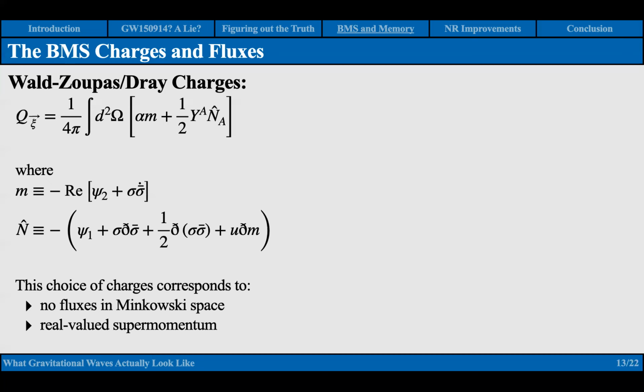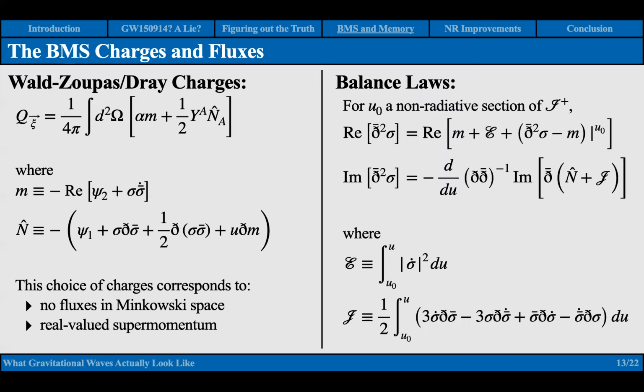Okay, so if you identify these charges and you look for them in the Bondi-Sachs metric, then you obtain the following balance laws. This is just the usual balance law in the sense that if I have a change in mass, it has to be balanced by an energy flux, for example. And actually this first law is exactly that.